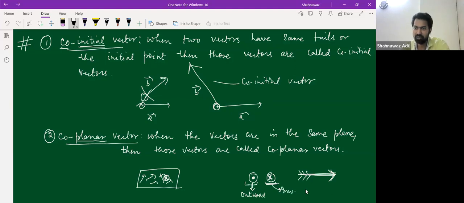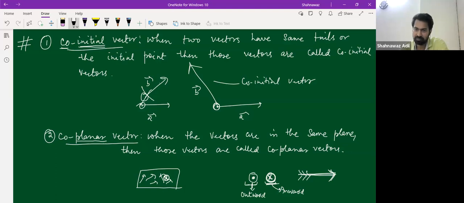When you are looking from behind, you don't see the cross, it is like this, but if the arrow is seen from behind, we'll see the cross part. This is how you represent the inward or the outward direction.